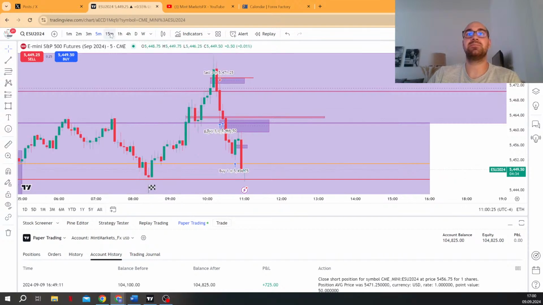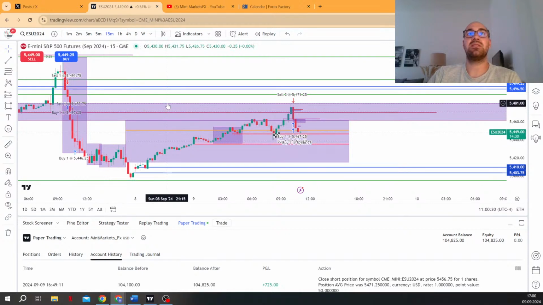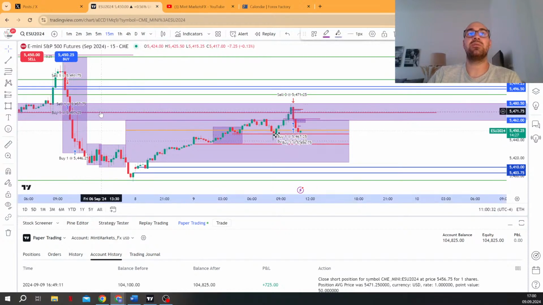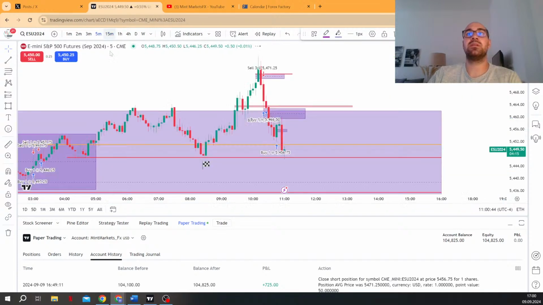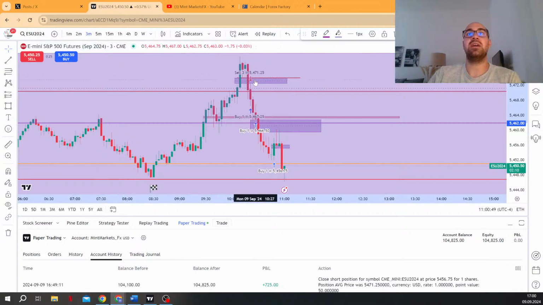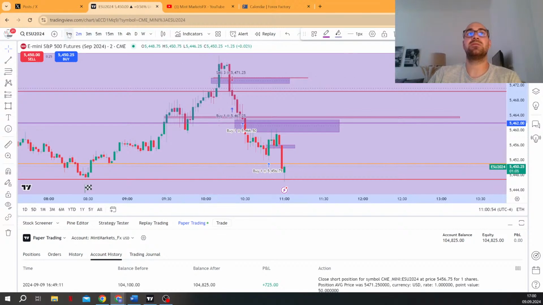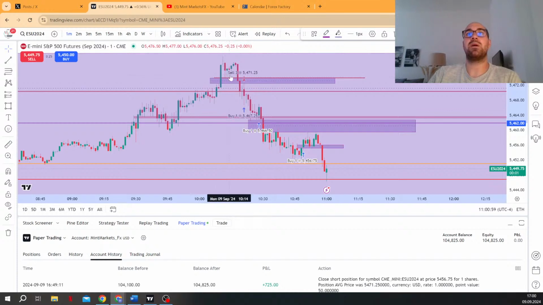Really, really nice. We can recap the trade real quick again. We had the midpoint, an old bearish order block here, buy side liquidity here, the 15-minute, the midpoint of this daily inversion fair value gap. We traded into a premium here. We had a market structure shift on the 2-minute here, on the 1-minute as well, market structure shift.